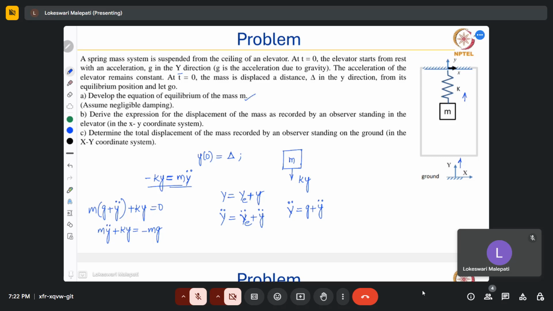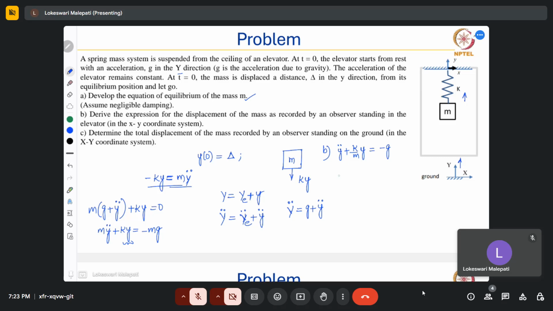The second part is derive the expression for the displacement of the mass as recorded by an observer standing in the elevator. So this is the displacement of the mass with respect to the elevator. This is the equation which we already have. We just have to solve for this displacement. So we can simplify this part B: y double dot plus k by m y is equal to minus g.